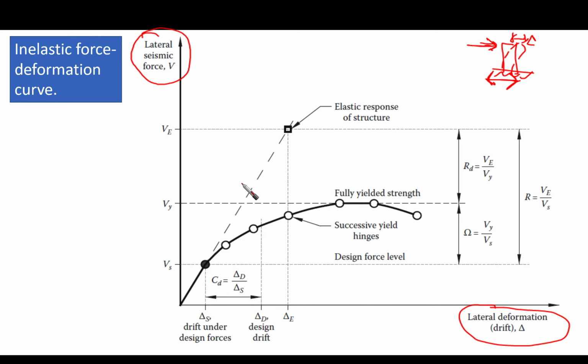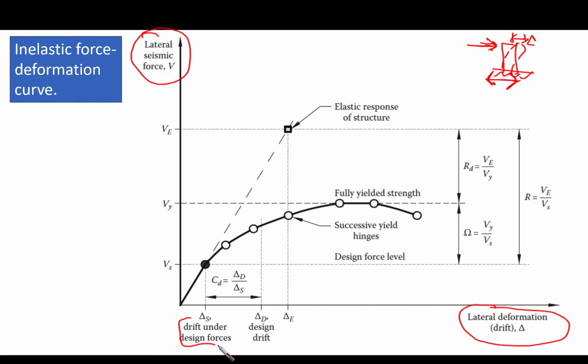Now we need to think about what is happening in this pushover curve and what the controlling points are. In the elastic stage, the structure behaves elastically until reaching one point. This point's deflection we call delta S, which is the drift under design forces.